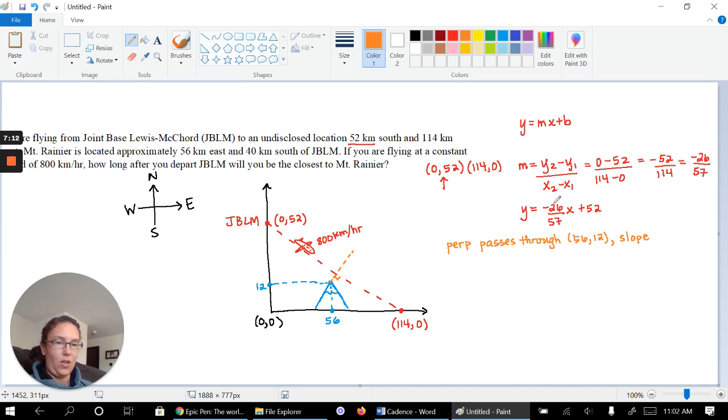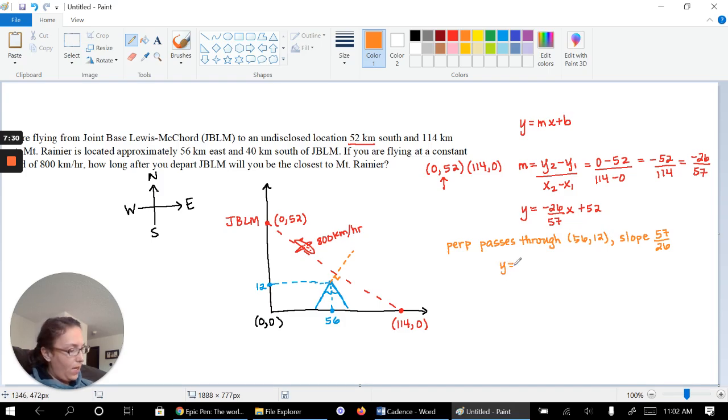Well, a perpendicular slope is the opposite sign and reciprocal. So the perpendicular slope would be positive 57 over 26. So once I have a slope and a point, I can find the equation of that line.